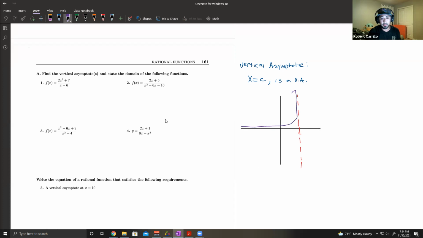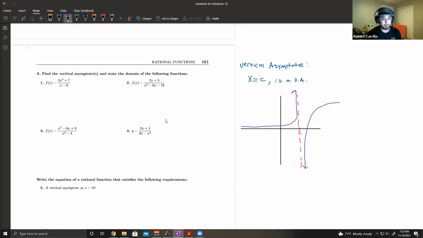It will follow it up to infinity. And if it's coming from the right side, it will follow it down to negative infinity. So something about vertical asymptotes: they can never, ever be intersected. You can never cross a vertical asymptote.